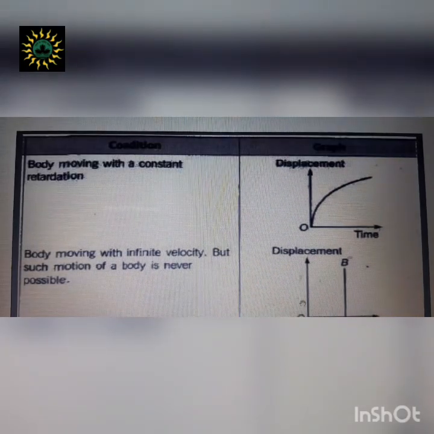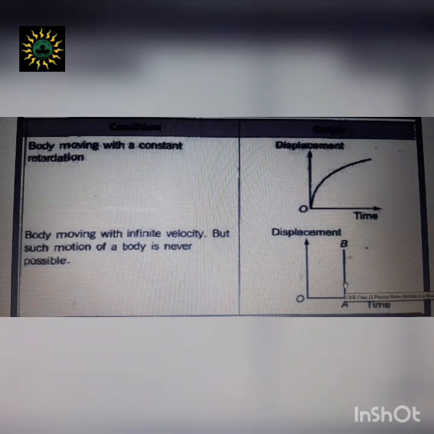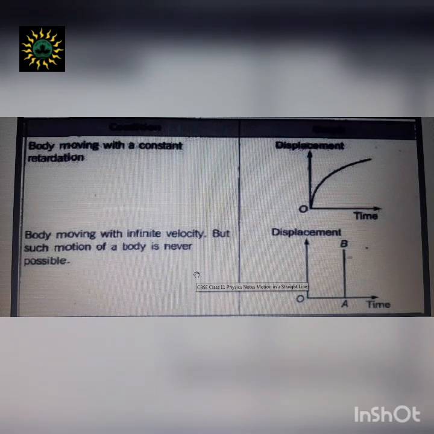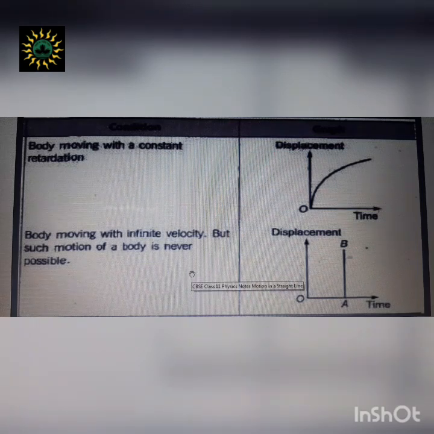Infinite velocity means at 0 time duration it is covering a large change in displacement. Is that ever possible? It is never possible, because no time has elapsed, yet an infinite amount of displacement has occurred. Suppose at 0 time interval you have gone 2 centimeter. In that case velocity will be 2 centimeter divided by 0 second, so ultimately it will be undefined.